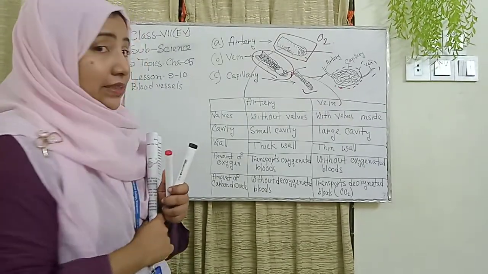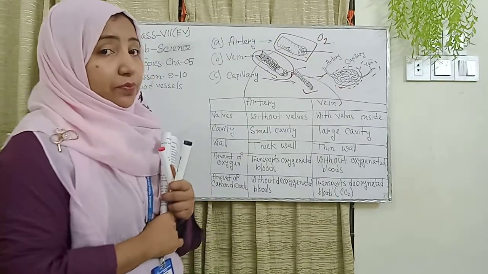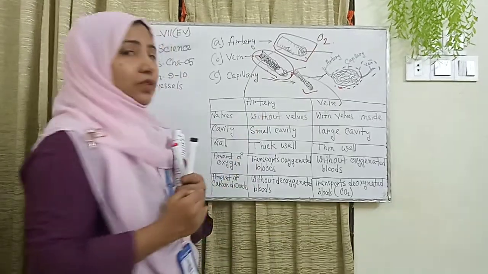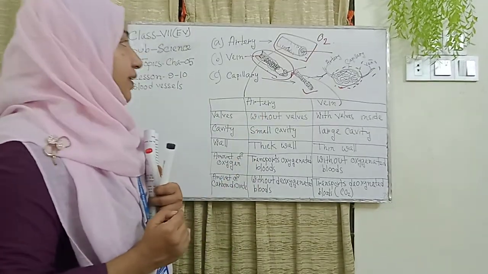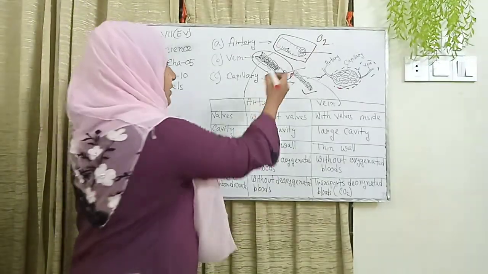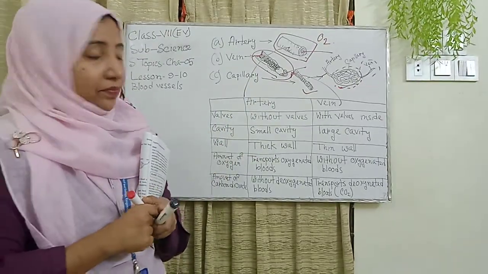Here the artery is without valves. Basically, arteries have no valves, so I just write "without valves." And the vein basically has valves inside. Here the veins are also with valves inside.